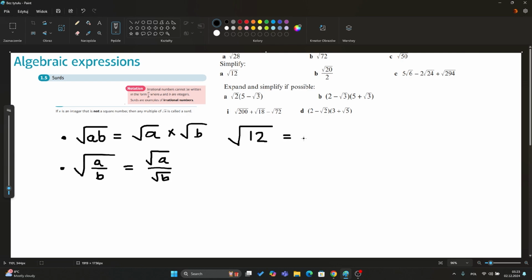Now for 12, this will be 4 times 3. So if we separate them, this will be the square root of 4 and the square root of 3, and this will be 2 root 3.